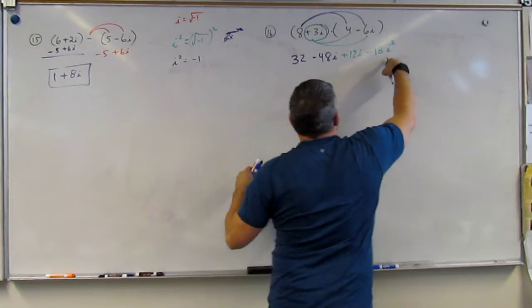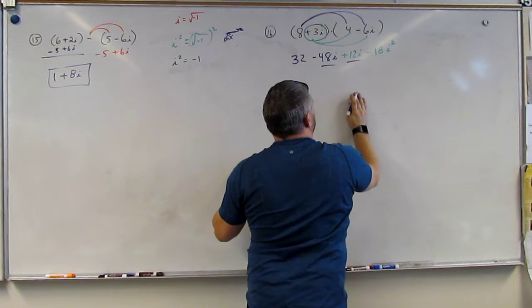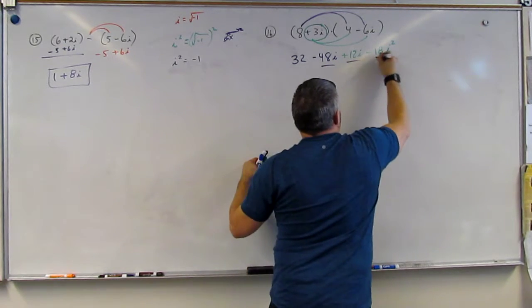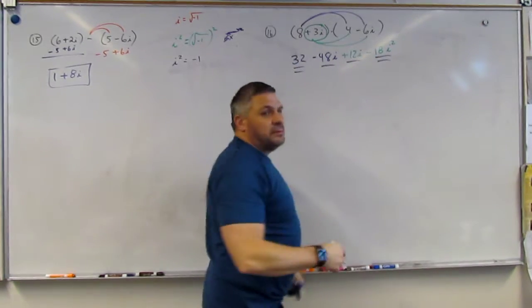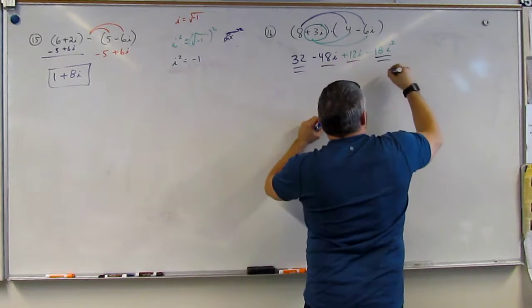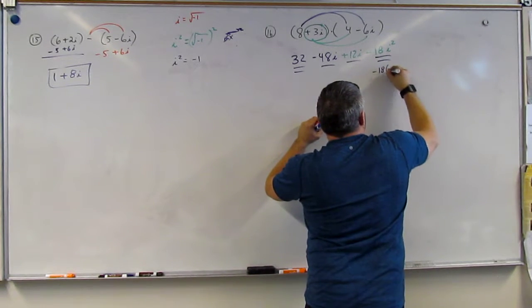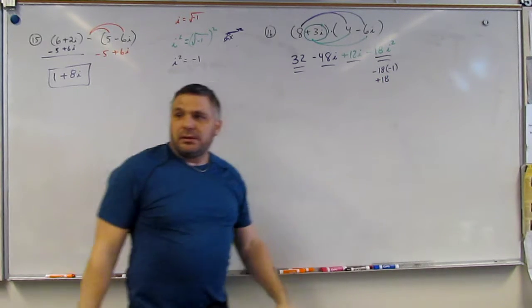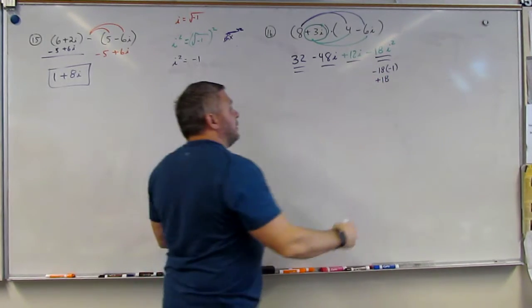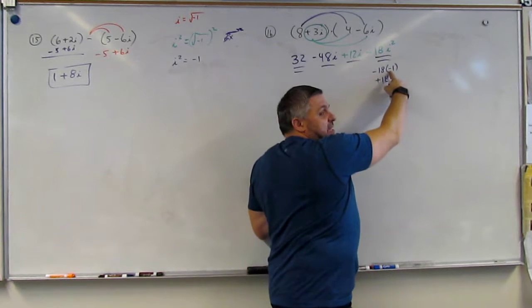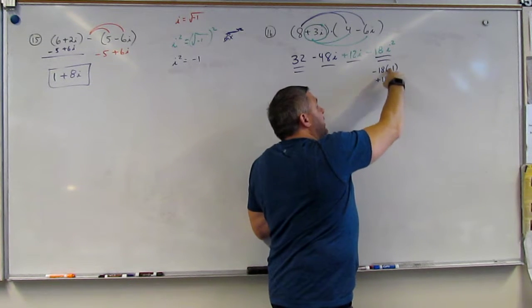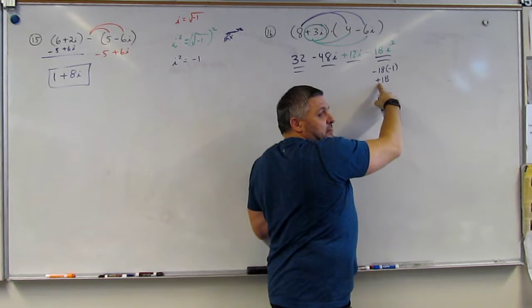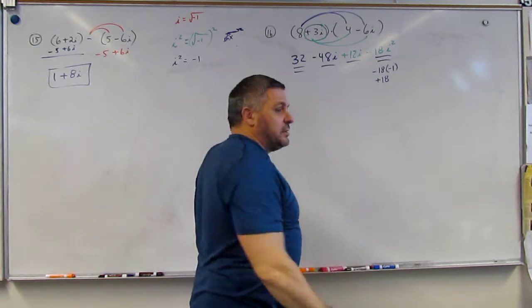So here, these are like terms. But these are like terms also. Because this is negative 18 times negative 1, which is positive 18. i squared is negative 1. Negative times a negative is a positive.